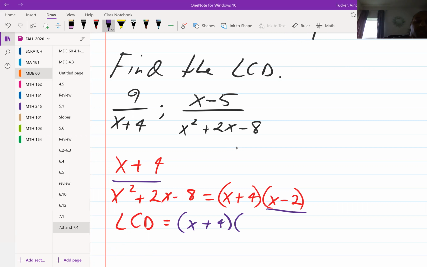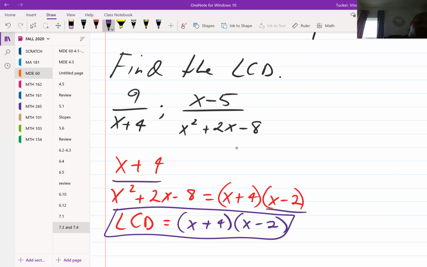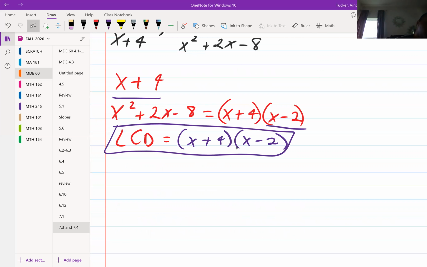Then my next quantity will be x minus 2. So the LCD is x plus 4 times x minus 2. Once again, you do not write down the x plus 4 twice, at least not if you want the least common denominator.